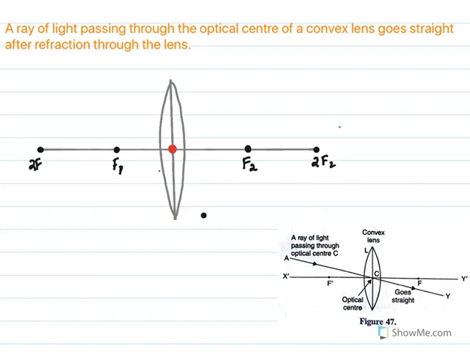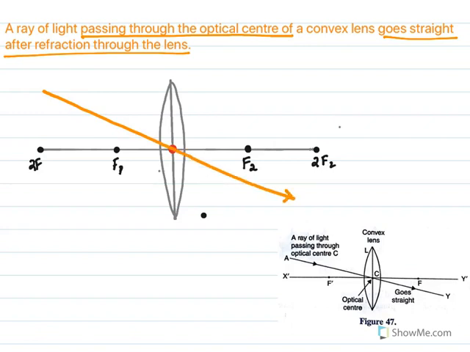Now next we are going to take a ray of light passing through the optical center, which goes straight after refraction. So here the ray of light is passing through the optical center. Here it will go straight down undeviated.